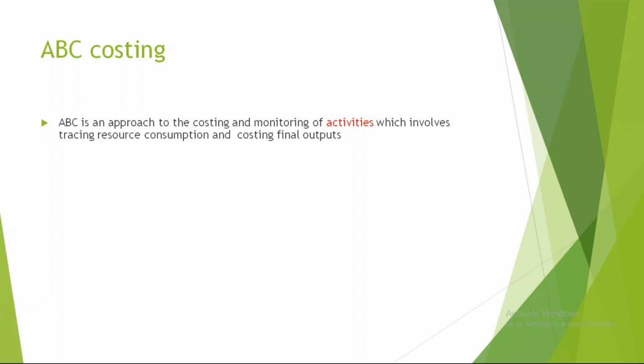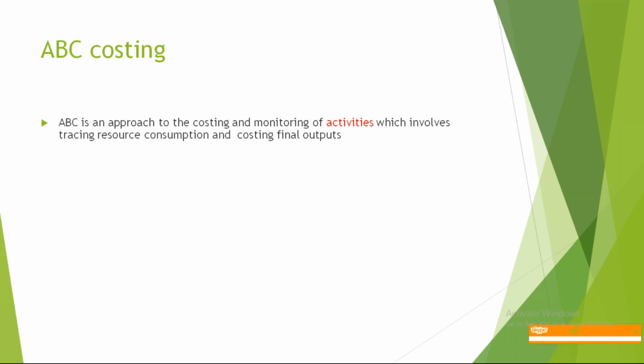Now, for example, you might have an activity called customer complaint unit. Why do we have a customer complaint unit? Because customers come and complain about the delays, the quality, etc. So more customer complaints, more the cost.